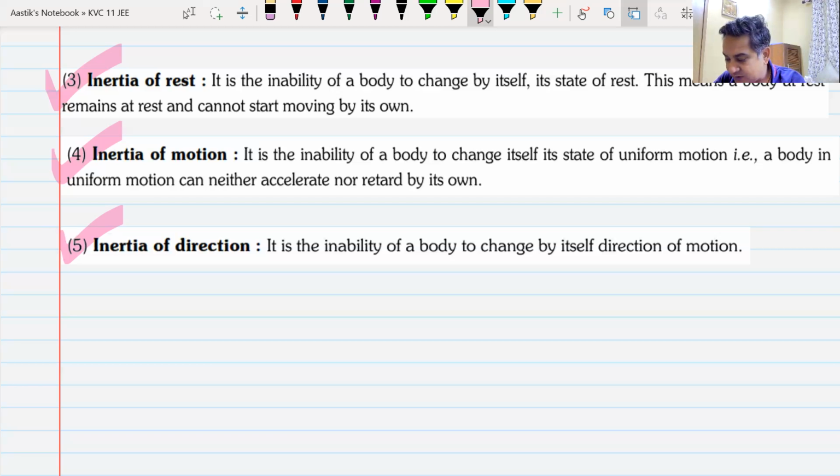Everyone has noted down inertia? No, sir. Okay, I'll give you time, note it down. Let me know once you are done. Everybody has understood what is inertia of rest and inertia of motion? Yes, sir. Great. Please note it down then. Try to do it quickly if you can.